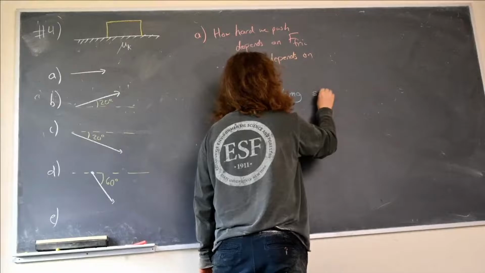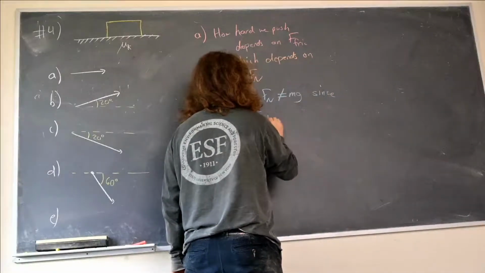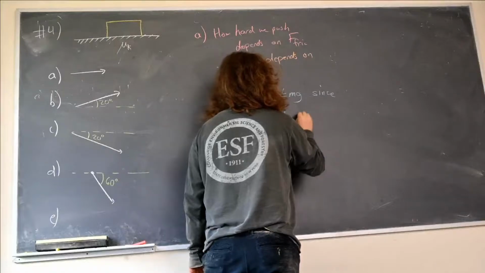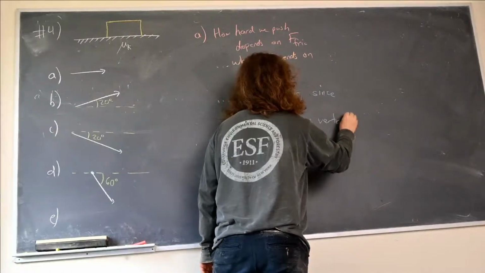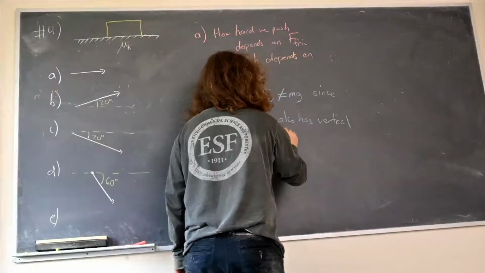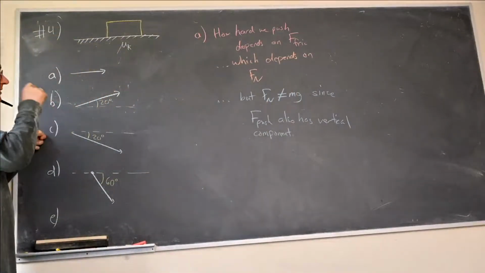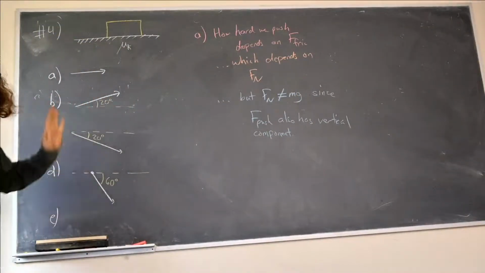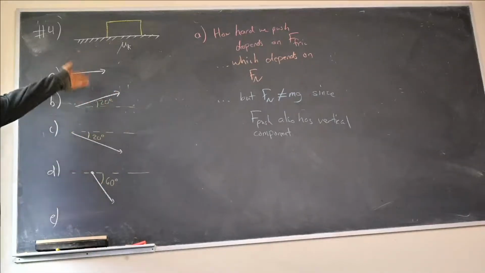Because the pushing force also has a vertical component. So what that means is, for instance, B and C are not going to be the same because in B, I'm pushing up a bit, so the normal force is going to be less than the weight of the thing.